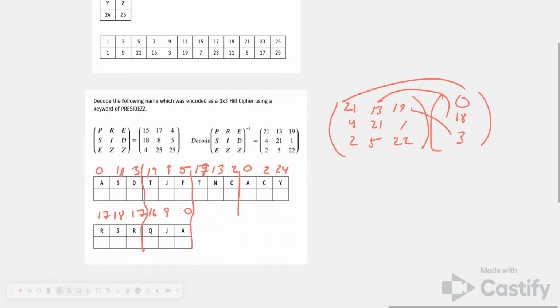So 18 times 13 plus 3 times 19, which is 291, and then mod 26, we'd get 5.